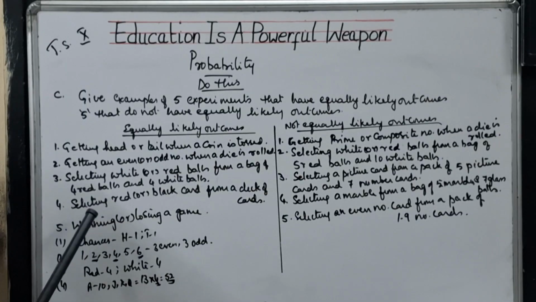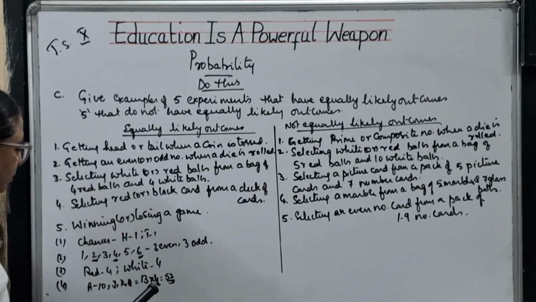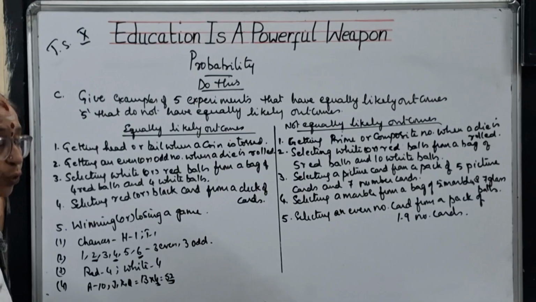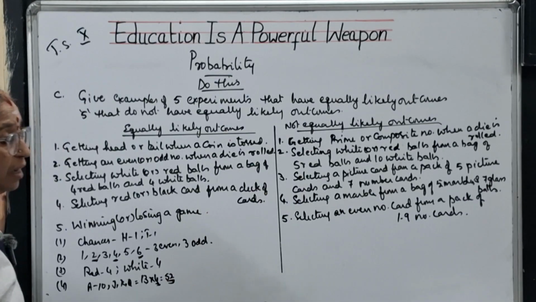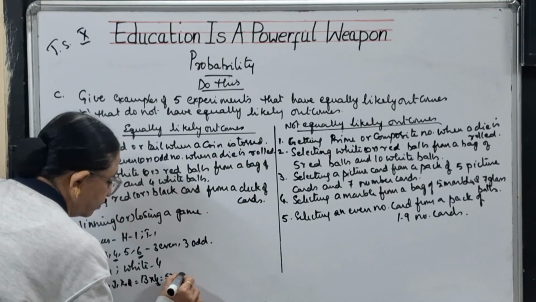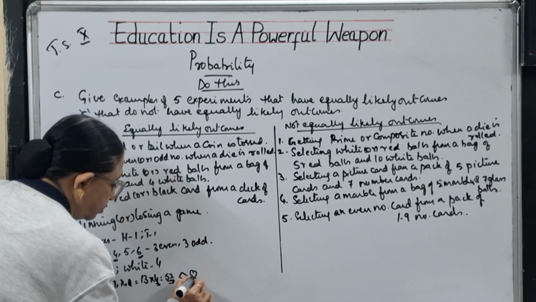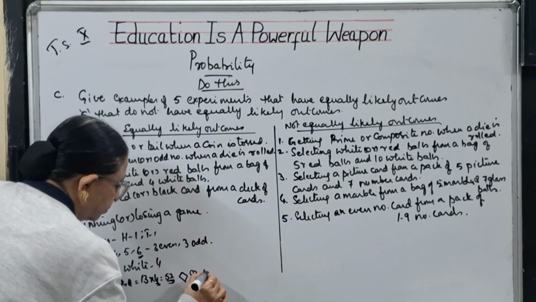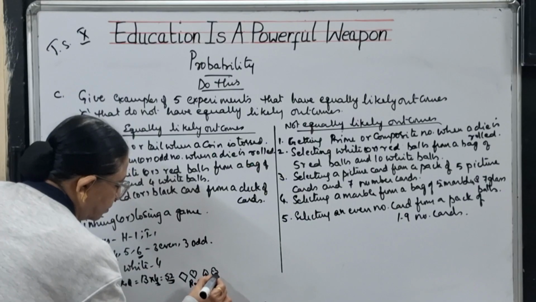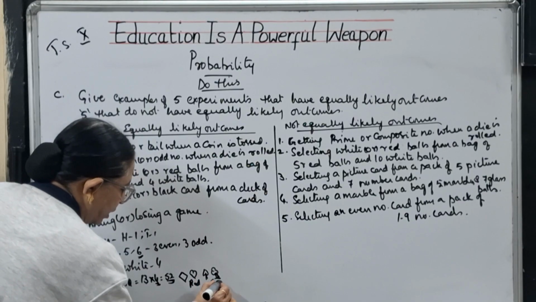Equally likely outcomes, children. Red or black cards, if you talk about them, there are two red, that is heart shape and diamond shape, and two black, which are spade and club. The diamond and heart shapes are red, and club and spade are black.